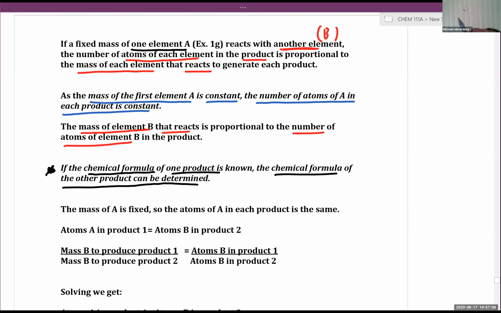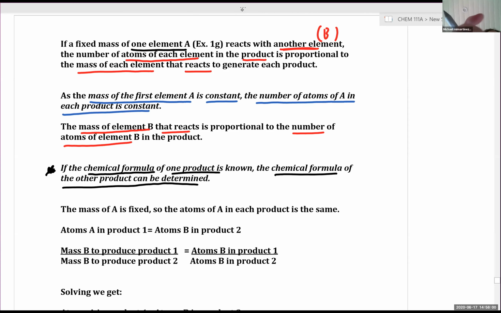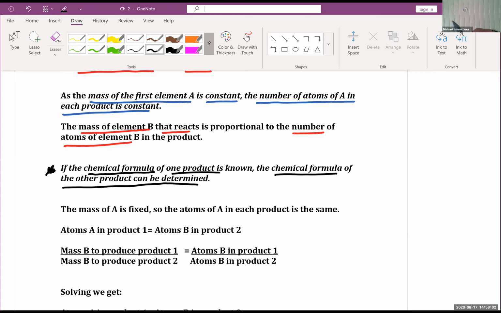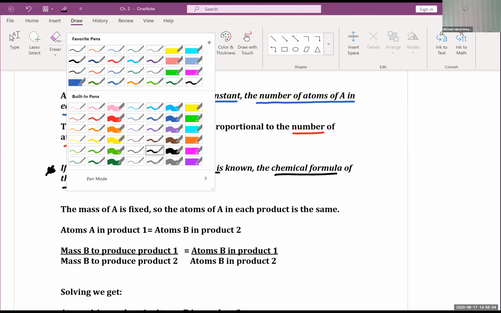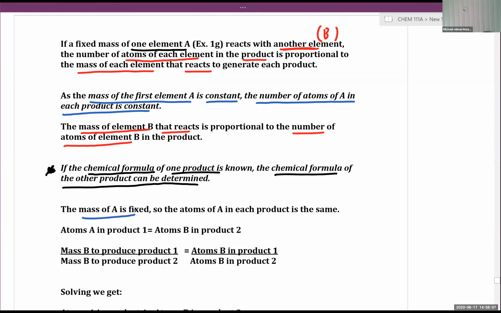First and foremost, we know that if the mass of element A is fixed, the atoms of A in each product will be the same.